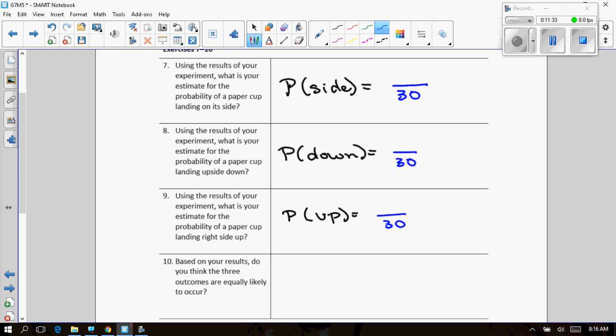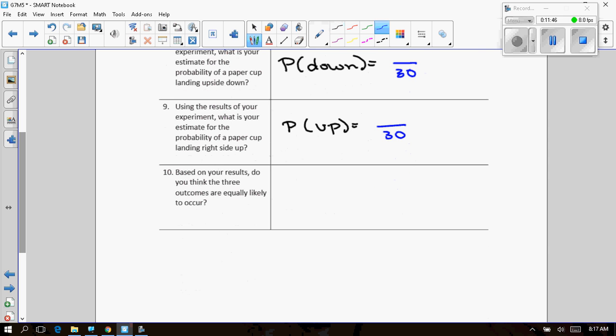But based on this, were side, facing down, or facing up equally likely? Did you get the same number on all 3? Like, did you get 10, 10, and 10? Probably not. So based on the results, these are not equally likely. They didn't all have the same chance of happening.